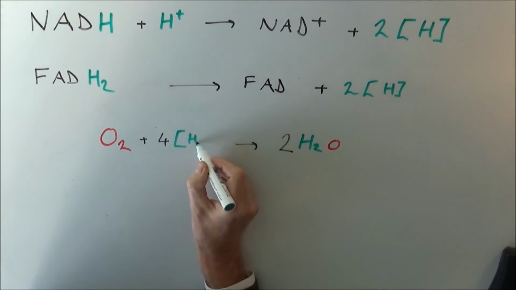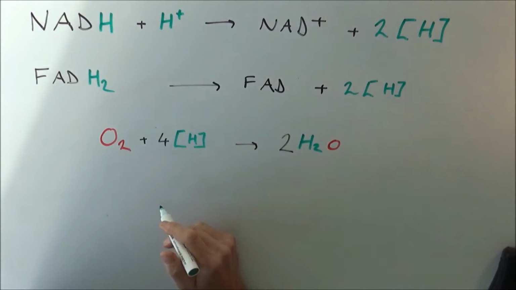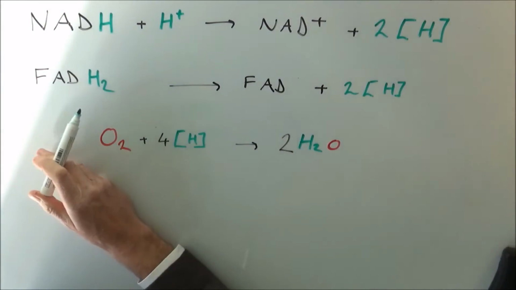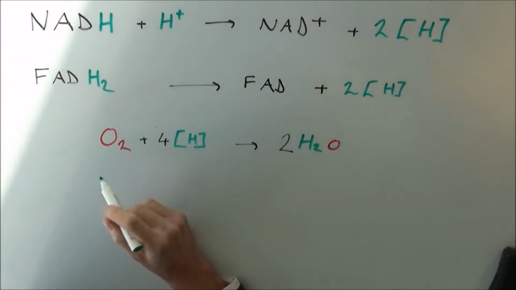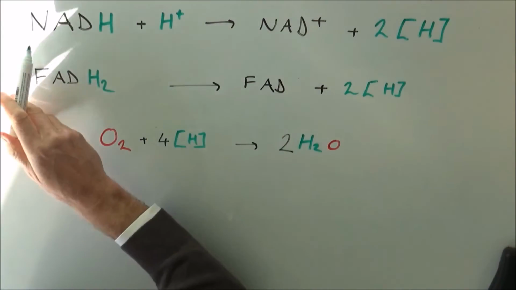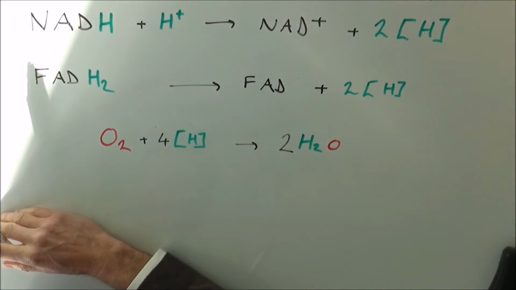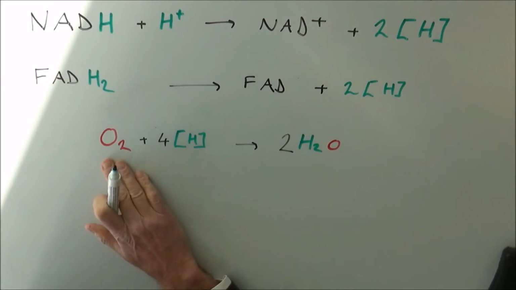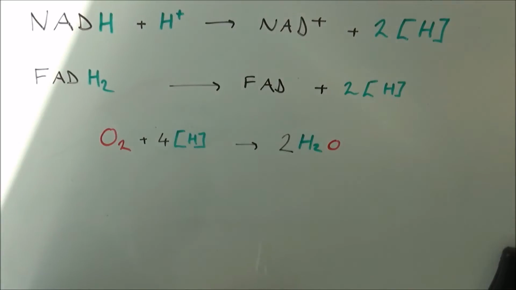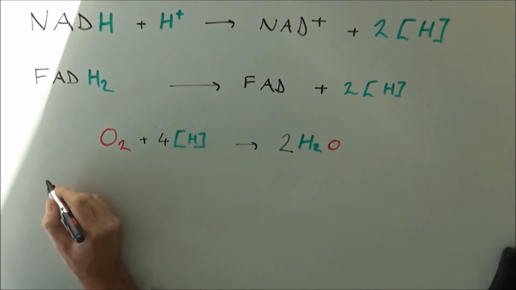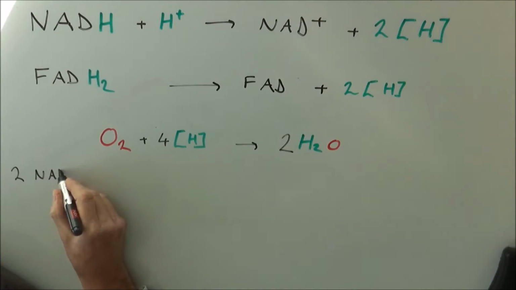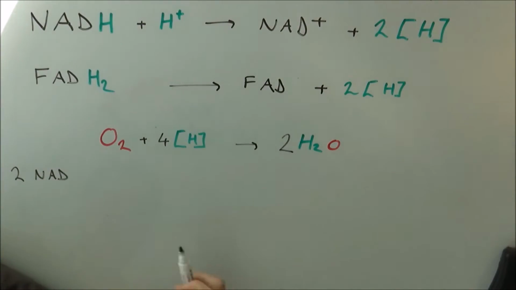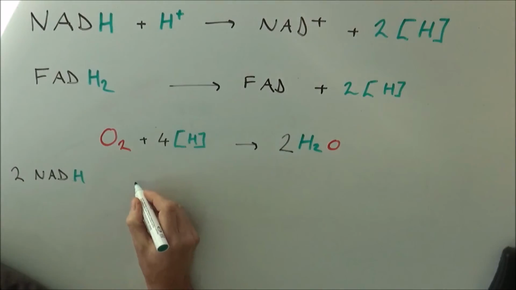Now each FAD in the reduced form or NAD in the reduced form delivers just 2. So we have to have 2 of these carriers giving up their electrons, or being oxidized, for every molecule of O2 that becomes H2O. So in the case of NAD, I can write 2 NAD in the reduced form with the accompanying 2 H plus ions.